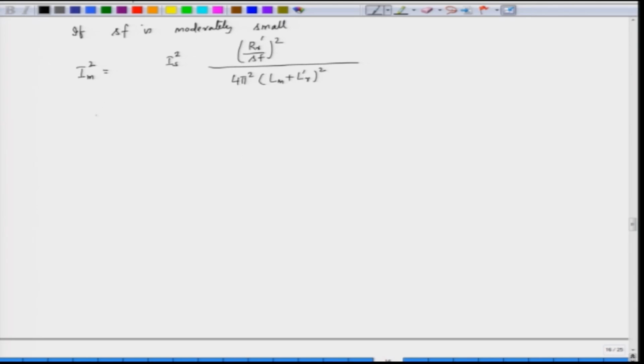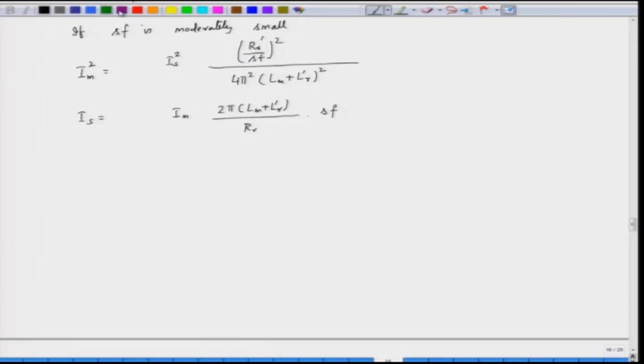If we simplify this, we will get Is equal to Im into 2 pi (Lm plus Lr prime) divided by Rr into Sf. So, the stator current varies linearly with the slip frequency. This is the relationship that we have, with Im constant.